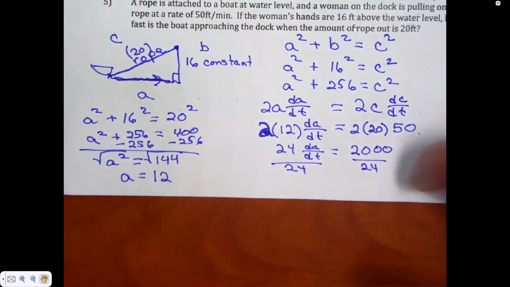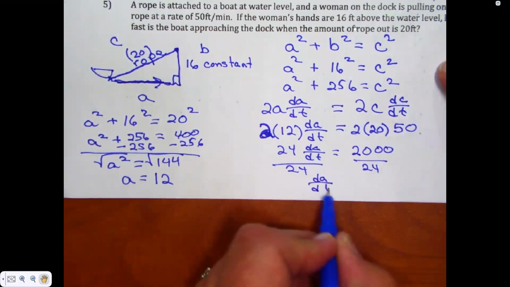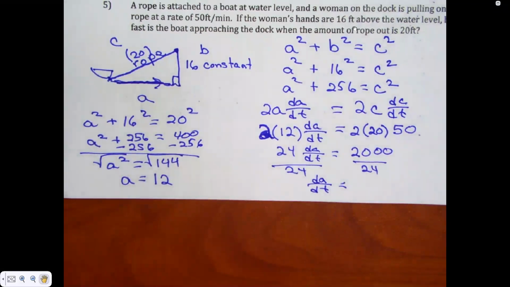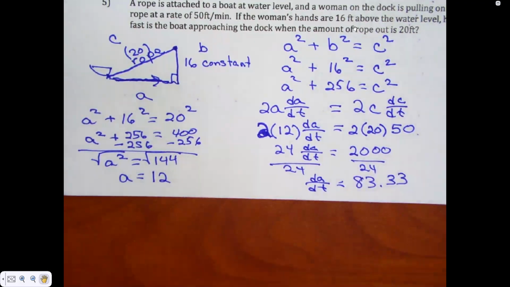Is that right? dA/dt should be, did anyone get it? Doesn't go in there either, so don't panic. What did you get? Yeah, perfect, 83. So this might be the one on the homework where they tell you to round. So just look if they say round to 2 places or something like that. Good.